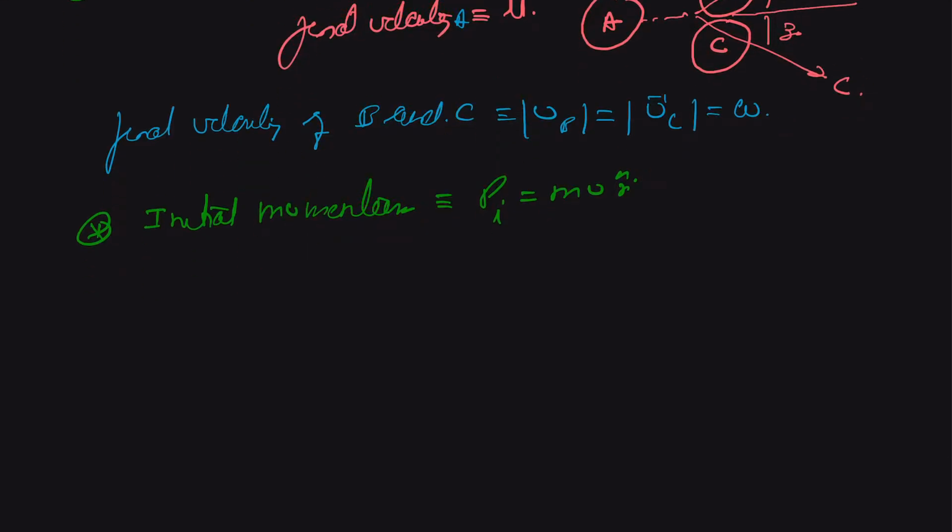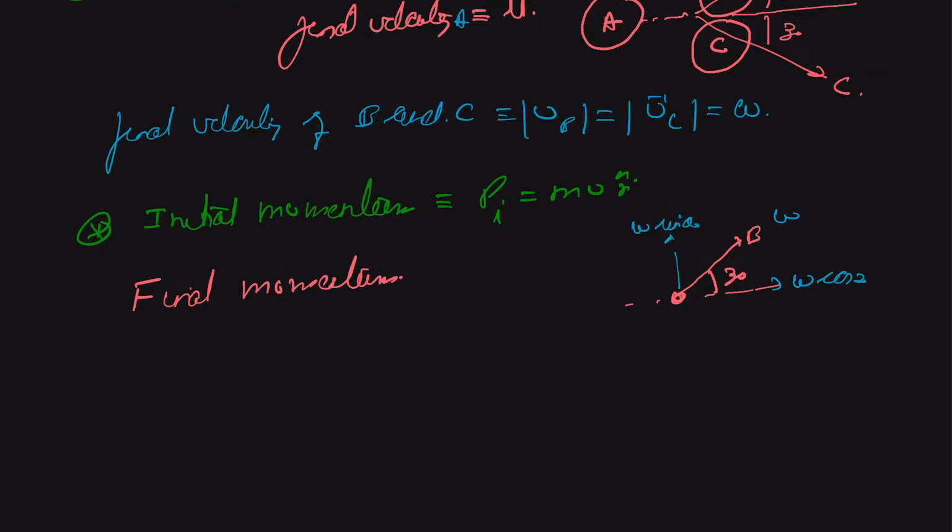Then the final momentum we can divide into components. Ball B at an angle of 30 has two components, with velocity W: W cos 30 and W sin 30.